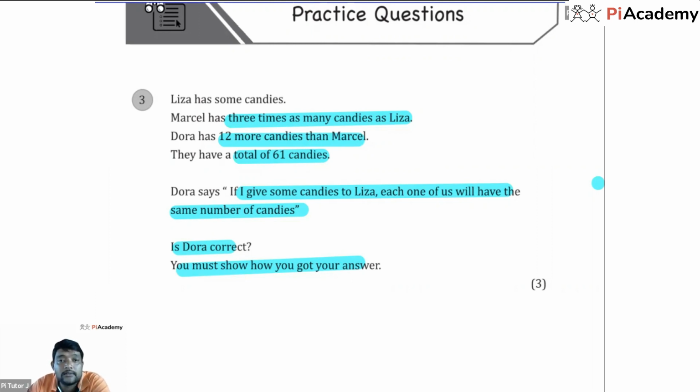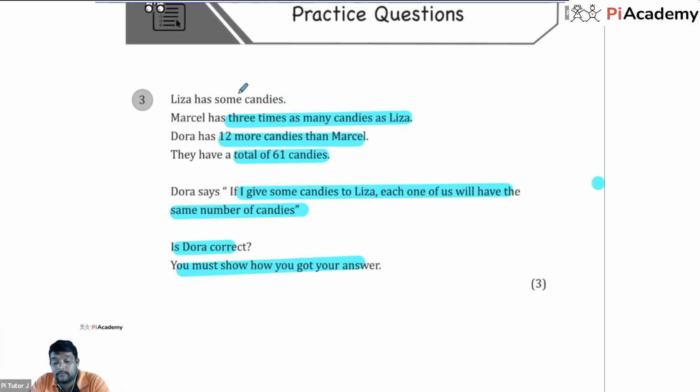Oliver? I'm still doing it. Okay, go ahead. I'm nearly done. Good, good, Oliver. Shoaib, done. Wonderful. Okay, now, do you think Dora is correct or wrong? Guys, is Dora correct or wrong? Wrong. Okay, wonderful. Let's do it.